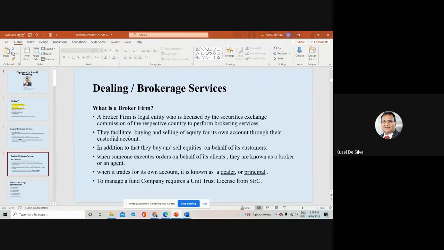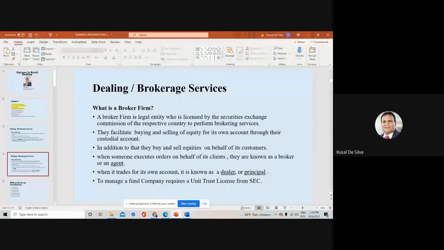They facilitate buying and selling of equity, meaning shares, through their own account or their custodial account. Custodial accounts are the accounts that they maintain on behalf of other parties, other customers, under different agreements.